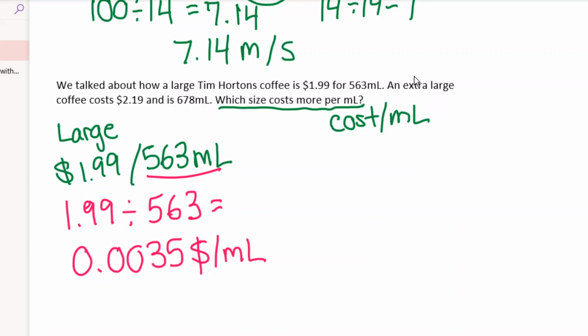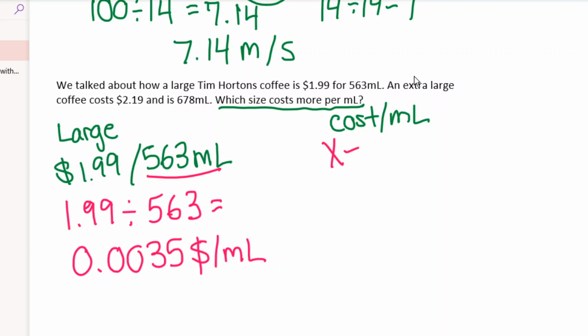Once again, a very small price per milliliter, but this lets us compare the two different sizes in a fair and equal way, right? We can't just say, oh, the extra large costs more, so the other one's a better deal. You get more coffee, and so it's up in the air. We have to do this calculation to figure out what's going on.